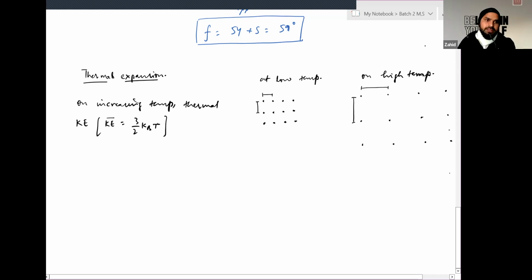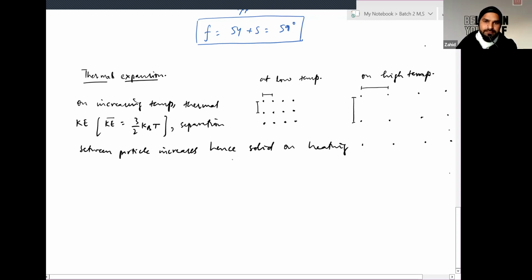If you raise the temperature, the kinetic energy of the particles also increases. Due to this increase of thermal kinetic energy, the separation between particles increases, hence a solid on heating expands.